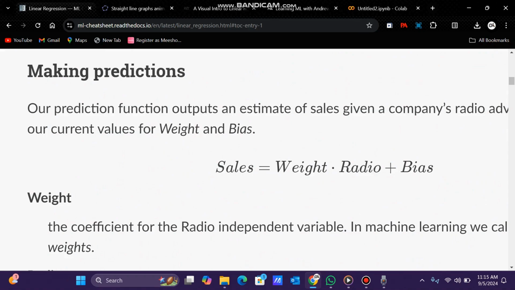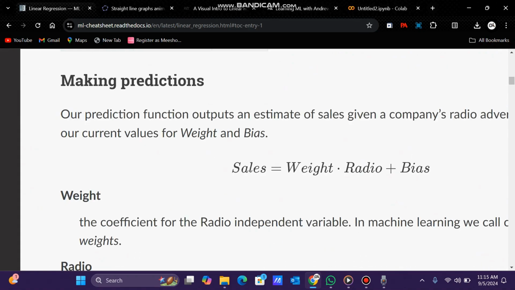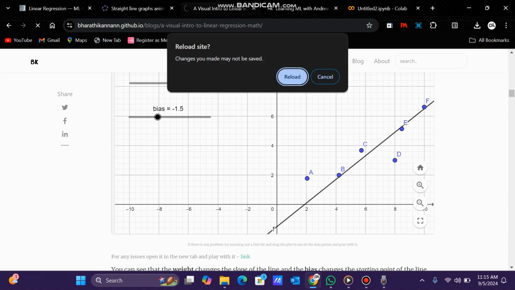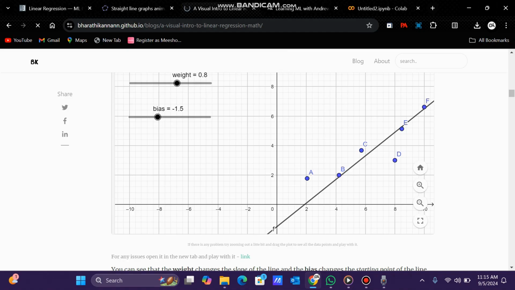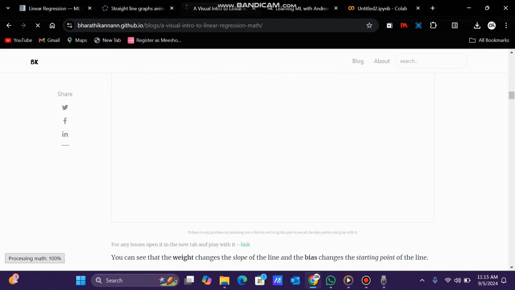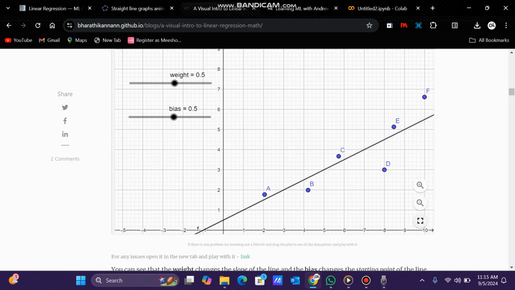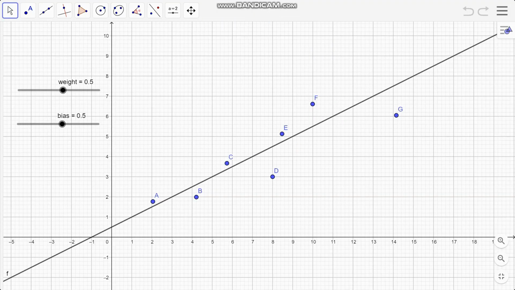So let's come here to the visual representation of linear regression. It's not working. Let's refresh it. So here is a simple representation of a linear regression example. Consider them as 2 points for the sales value, and this is my line.